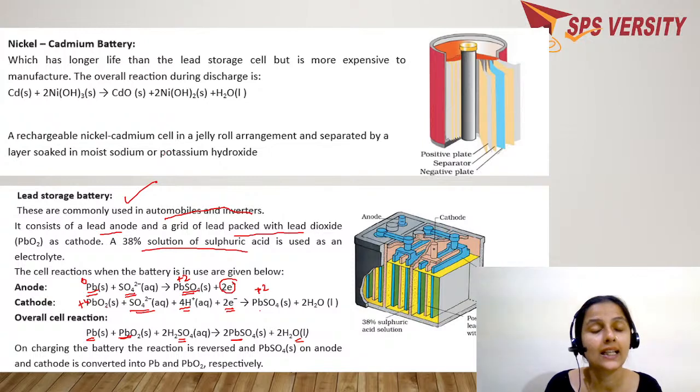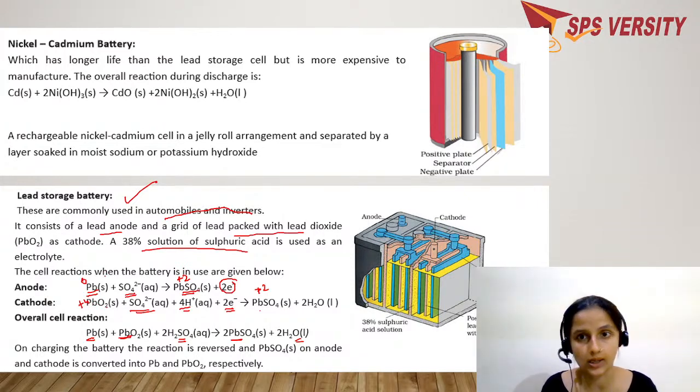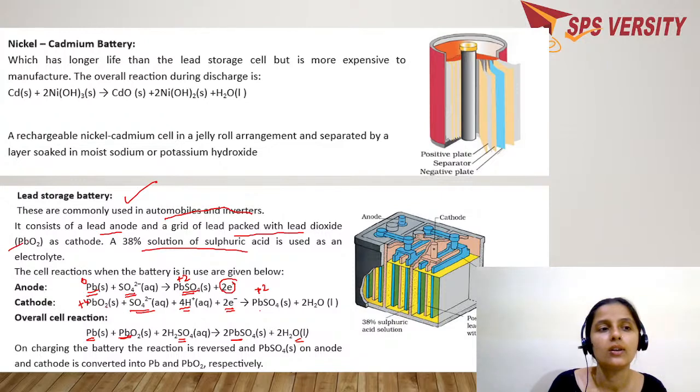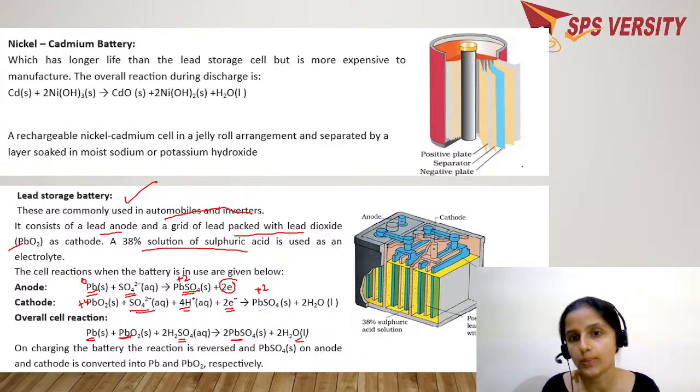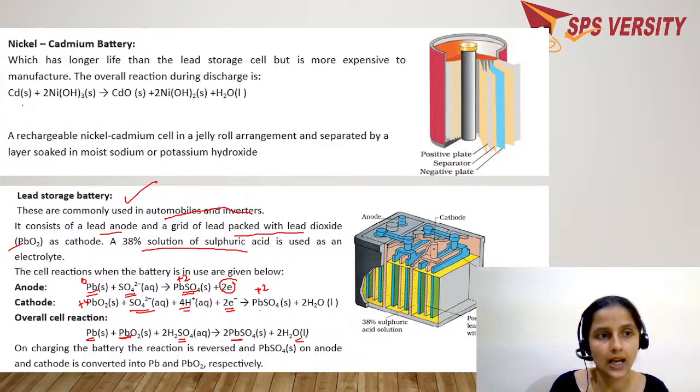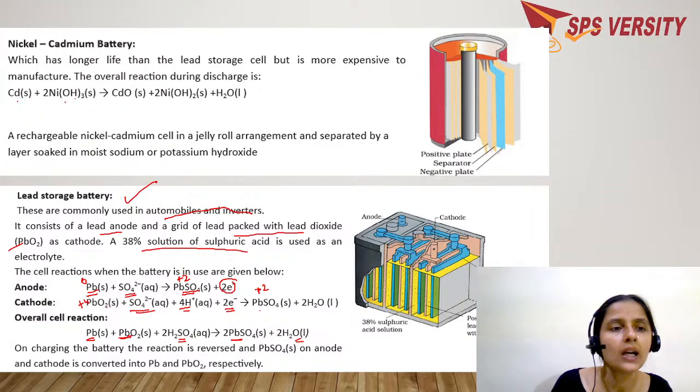Then we have the nickel cadmium battery, which is the other type of battery. Compared to the lead storage battery, it is long living, but it is more expensive. So what happens? You have cadmium and nickel hydroxide plates.